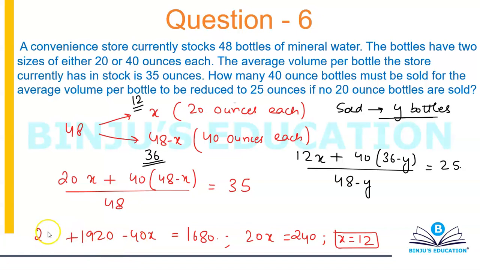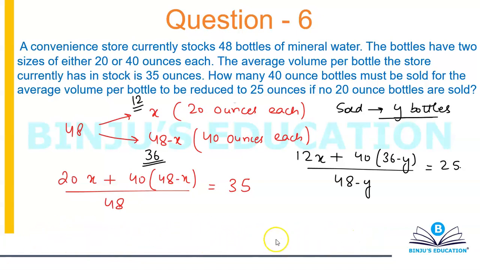So let me remove this, we don't need this any further. So this will become 12x plus 40 into 36, so 1440, minus 40y. Did I do something wrong in this? I think it should be 12 into 20, not x, my mistake.